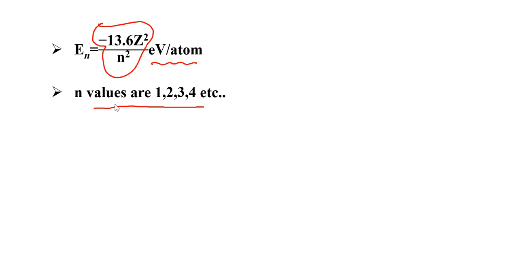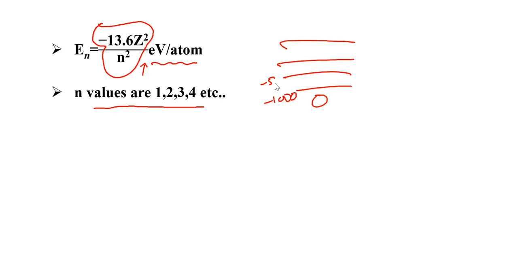See here one important point. The energy is on the negative side. When the N value is increasing, the negative value, the total value is decreasing. Suppose these are the shells. Here suppose minus 1000 is there, it may be minus 500, minus 300, minus 200, maybe minus 10.